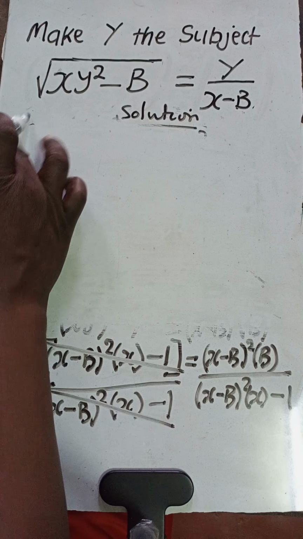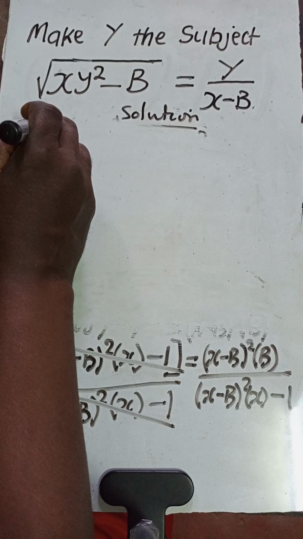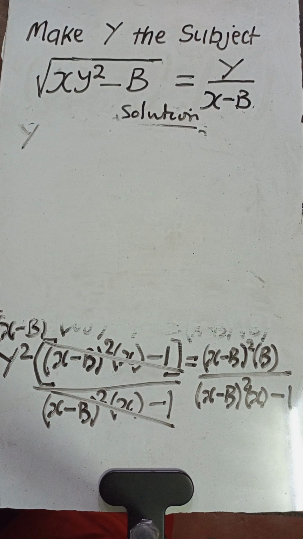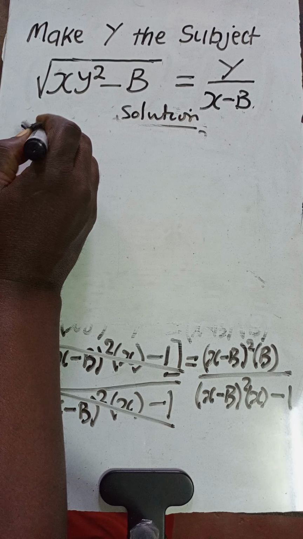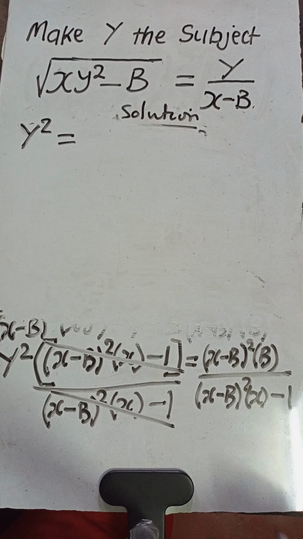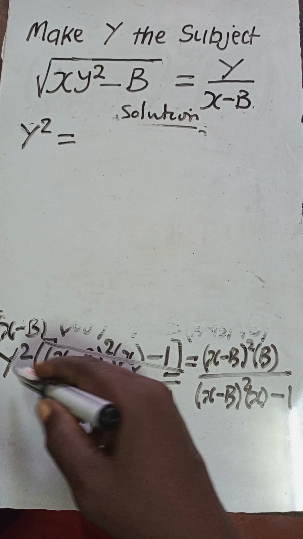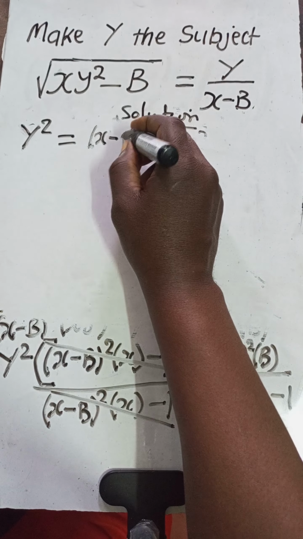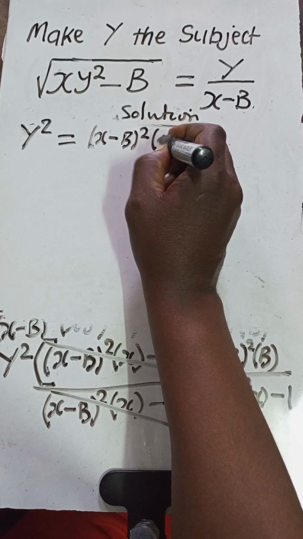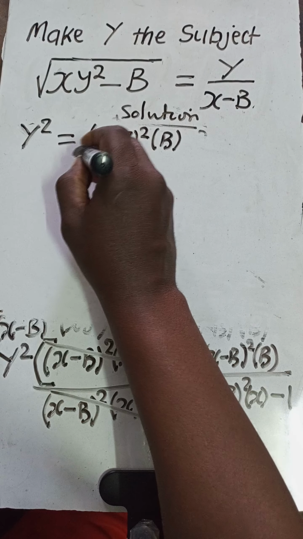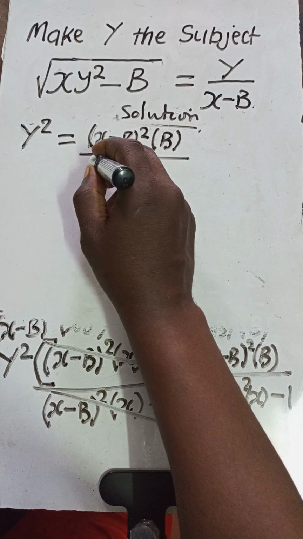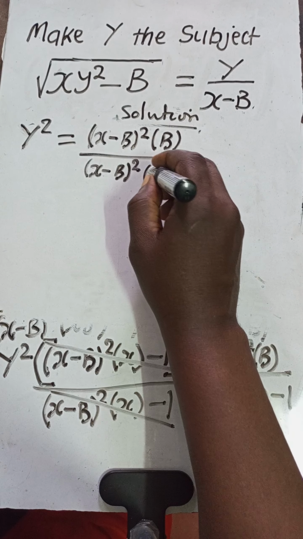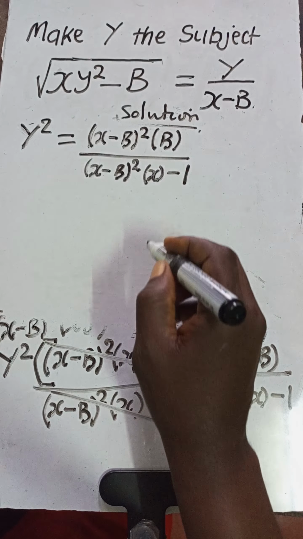And so what we have here is y squared, because only y squared is left on the left hand side, is equal to x minus b squared into b, divided by x minus b squared into x minus 1.